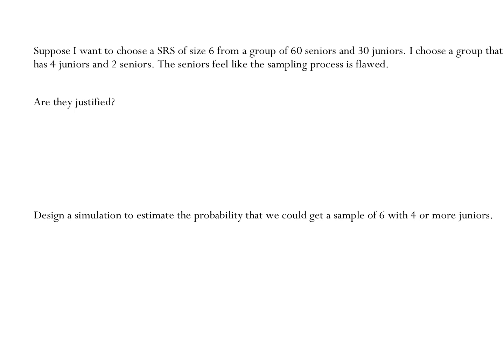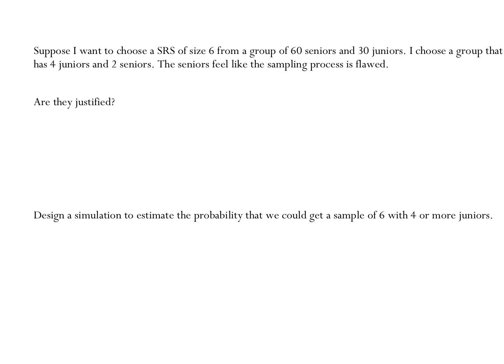Are they justified to think there's something wrong with the sampling process? Maybe. Could I just get a random sample that worked out that way? Yes. So if I want to know whether they should be mad at me for getting that sample, shouldn't I figure out the probability we could have gotten such a lopsided sample?